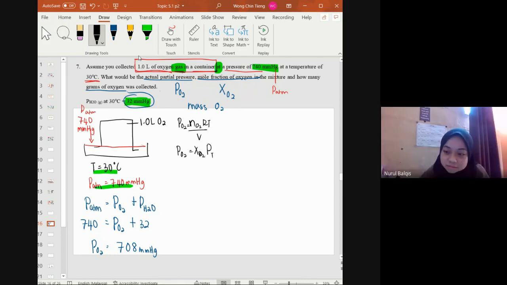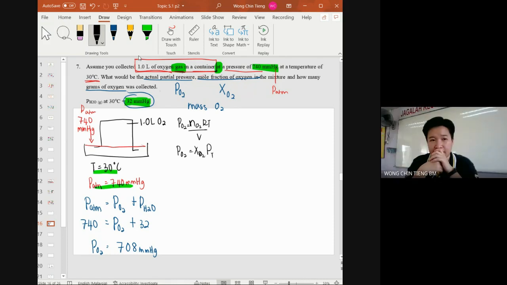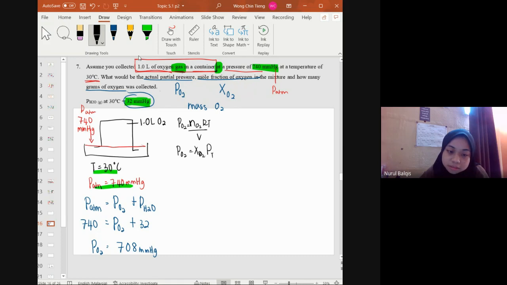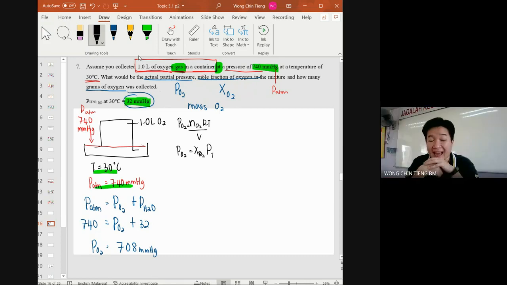Anyone? Balkis? Yang pertama. Kenapa yang kedua tak boleh guna sayang? Sebab kita tak ada N total. Betul. Water kat sini nak guna boleh, tak salah. Tapi kamu buat panjang gila lah. Kamu kena cari number of mole total dulu. Kamu kena cari number of mole untuk water dulu. Lepas tu kamu cari number of mole untuk oxygen gas.